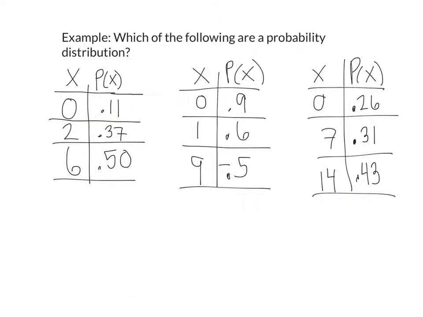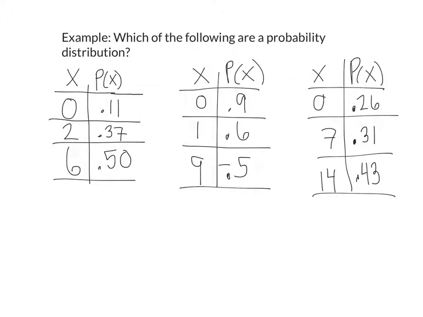All right, last thing I want to look at are examples of what is a probability distribution and what is not. So let's take a look at this first example here. The first thing for this to be a probability distribution is that all of these probabilities must add to get to 1.